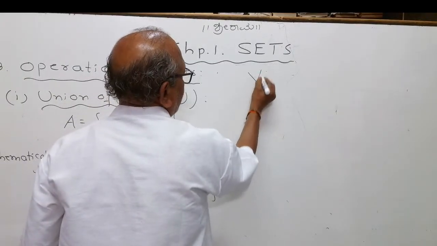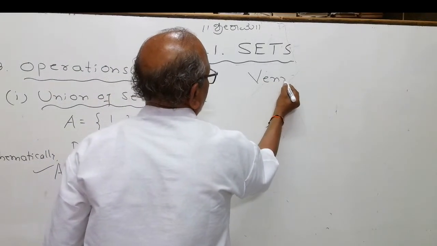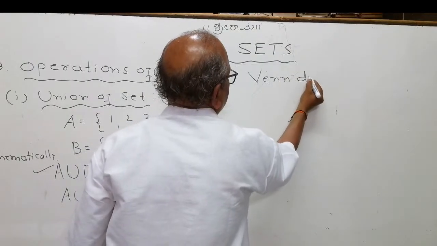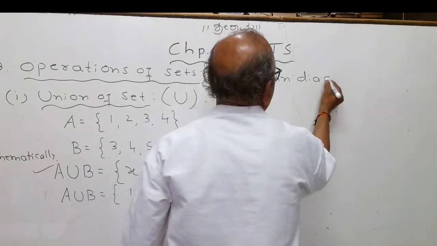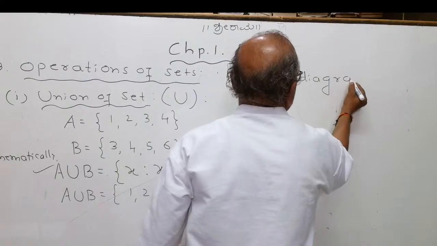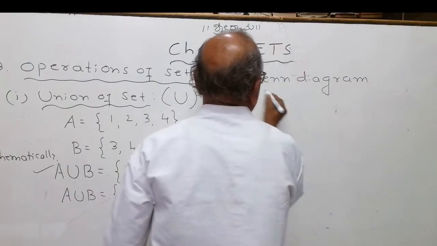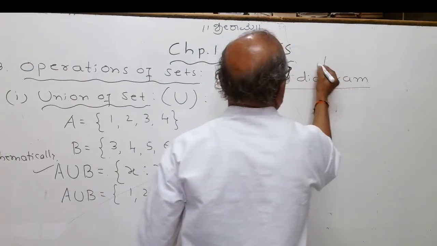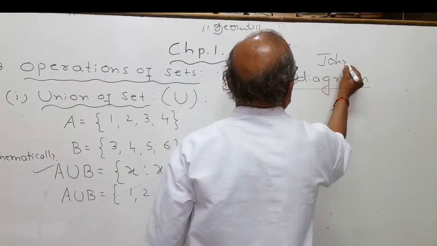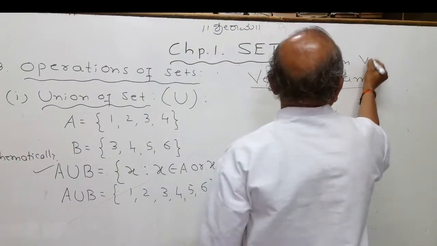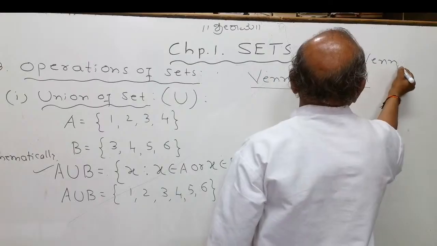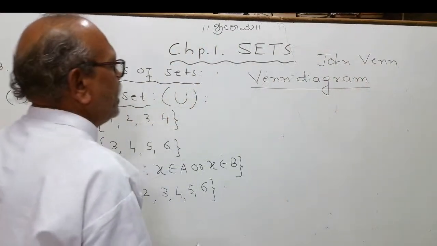John Venn introduced this method of representing sets for the first time, and in his honor this method is called the Venn diagram.